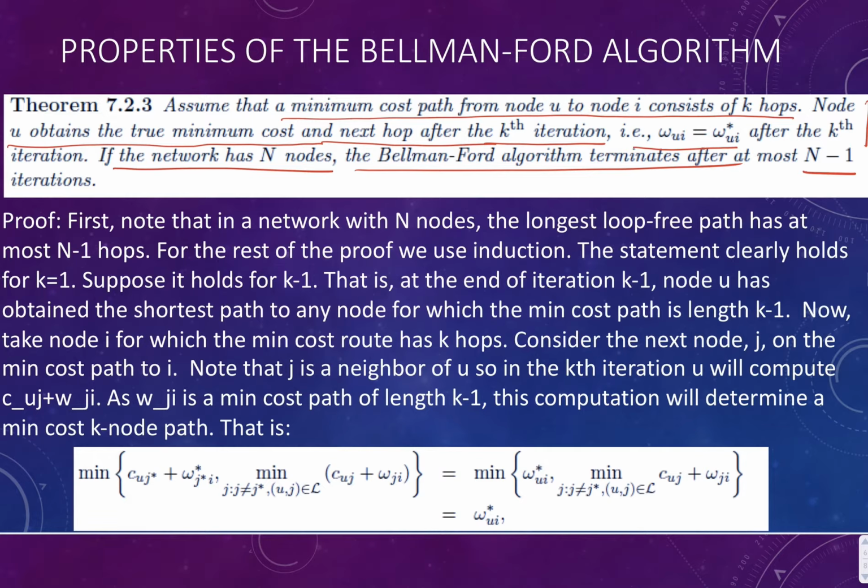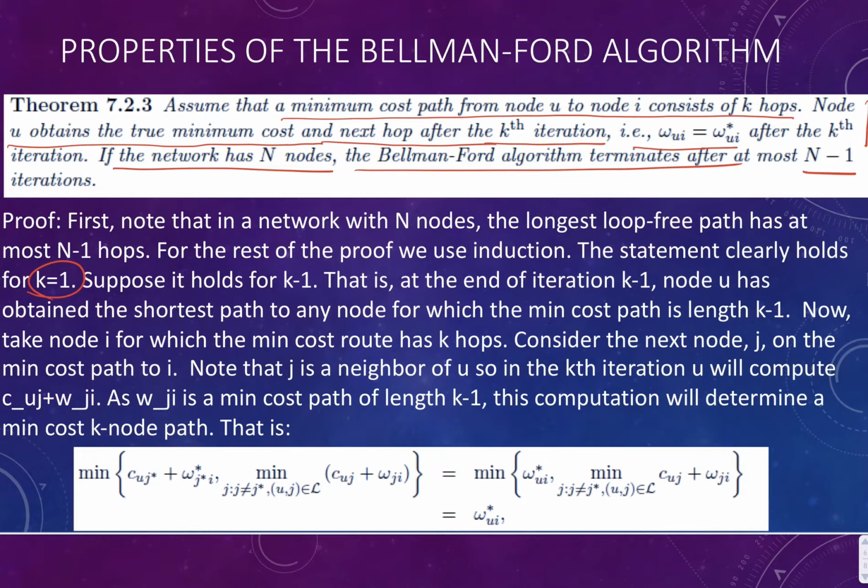So let's prove the first statement. We'll use induction. The statement clearly holds for k equals 1. If the optimal path to a certain node has length 1, then that will be obtained in the first iteration, and it's not going to change after that because it's assumed to be optimal.